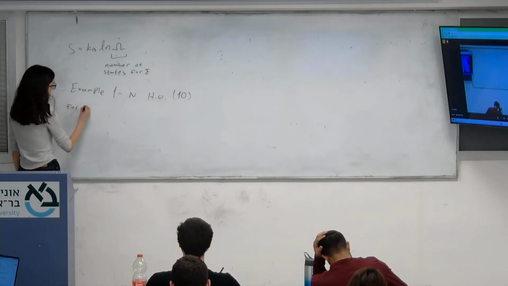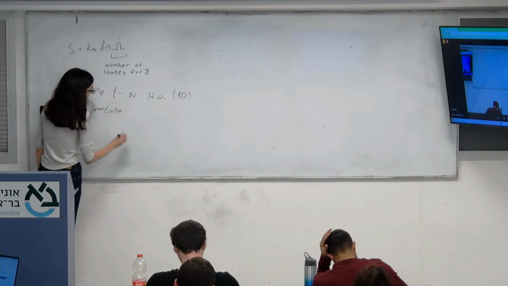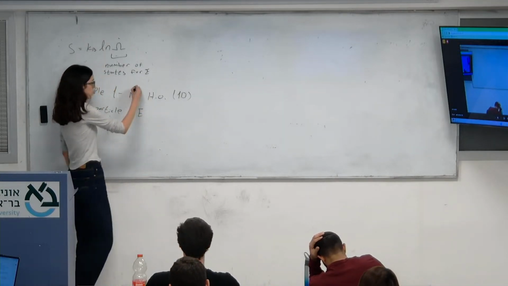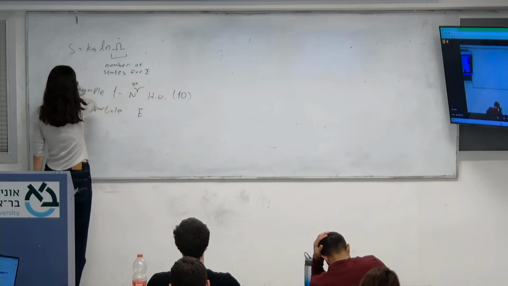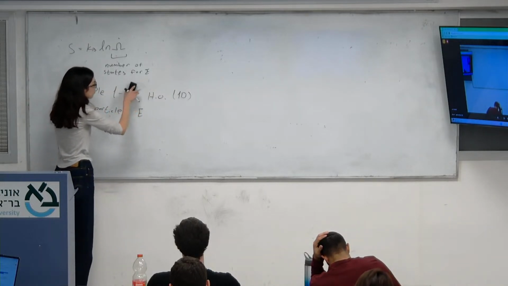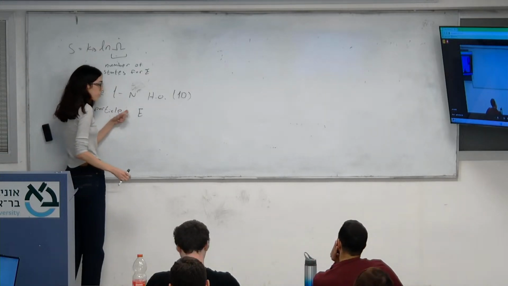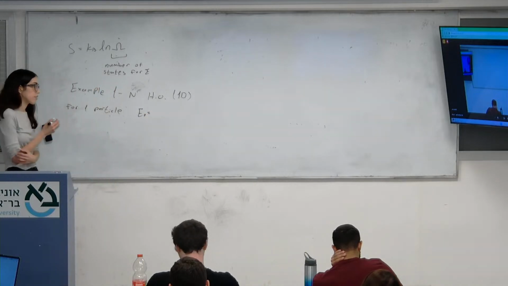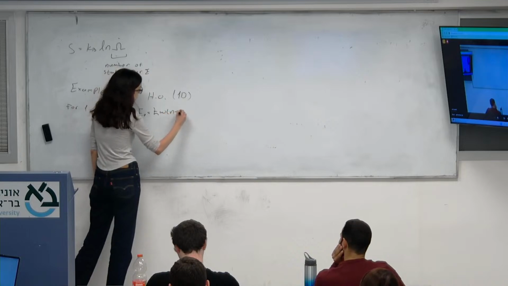For one particle, this is basically like quantum harmonic oscillators. We know that the energy of a harmonic oscillator is h bar omega times n plus half.